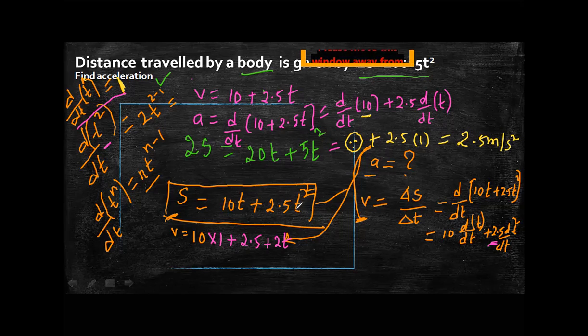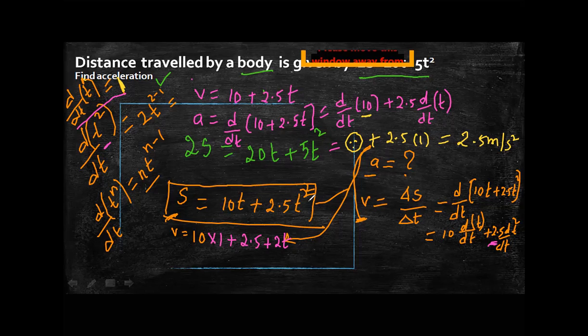Let me summarize. Given the displacement, you calculate the velocity. Once you get the velocity, you repeat the same process to get acceleration, because the rate of change of displacement gives the velocity and the rate of change of velocity gives the acceleration.